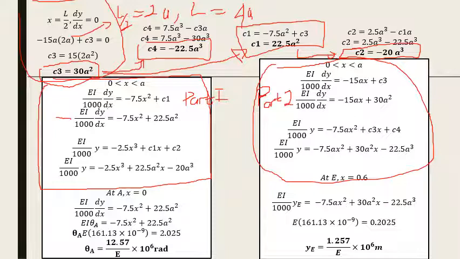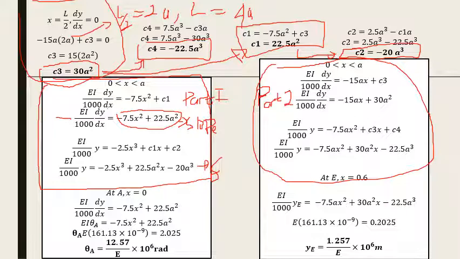This equation is to find the slope, and this equation is to find the deflection. Why is it EI over 1000, not only EI dy/dx? Because this value is still in kilonewtons, so I just divide by 1000.